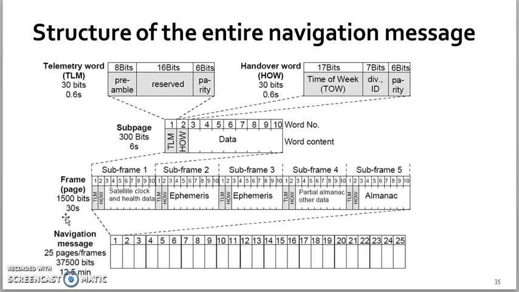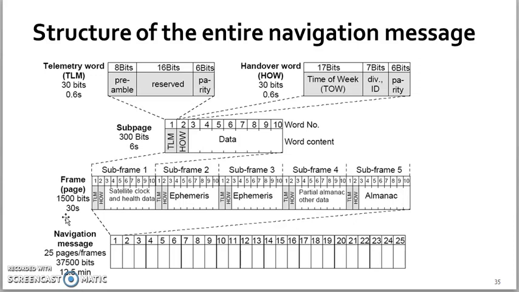And in subframe 5, that is almanac data of a satellite that is used for the transmission of information. Now if you compare ephemeris data and almanac data, with both the data the satellite orbits and their relevant coordinates can be obtained at any defined point.